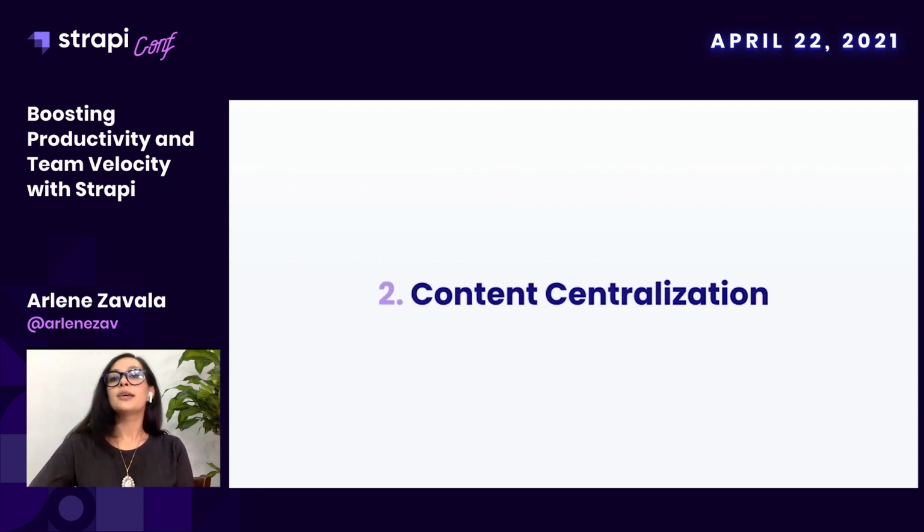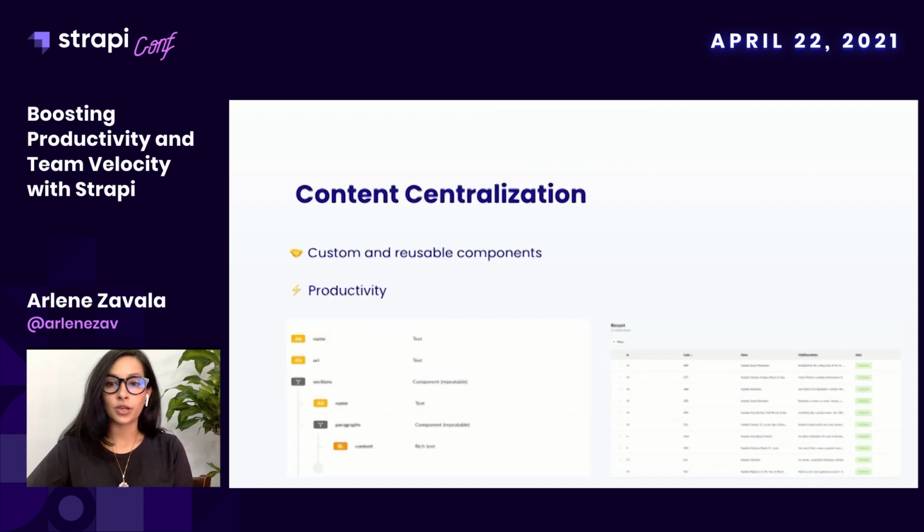So let's begin with content centralization. Strapi helps us create customizable and reusable components and improve our productivity. Why?